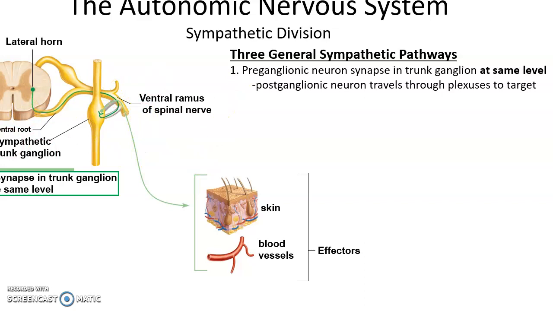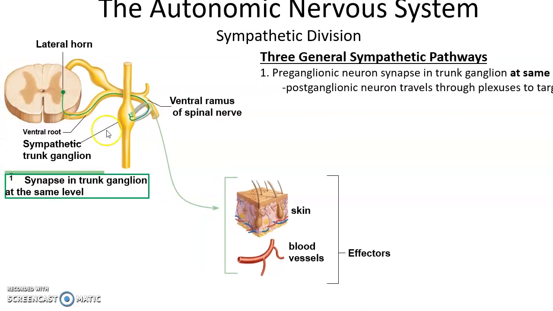And those targets are going to be in the skin and blood vessels primarily. So the first possibility, first pathway, preganglionic neuron enters the sympathetic trunk ganglion, synapses with the postganglionic motor neuron, then goes to its targets, which will probably be skin structures and blood vessels.